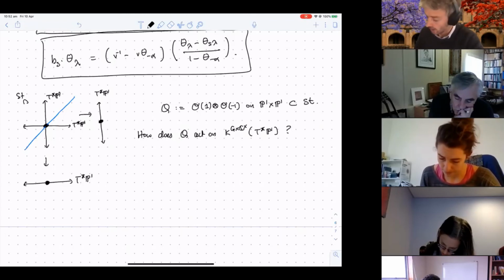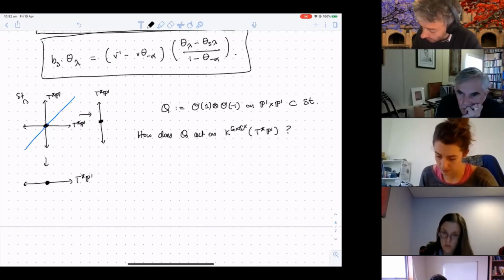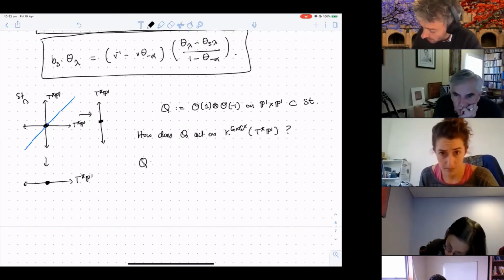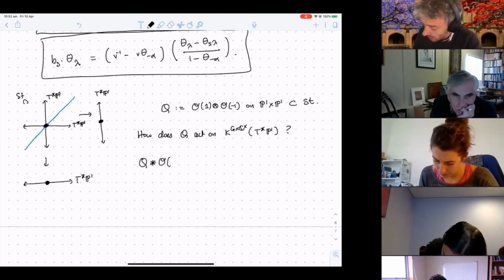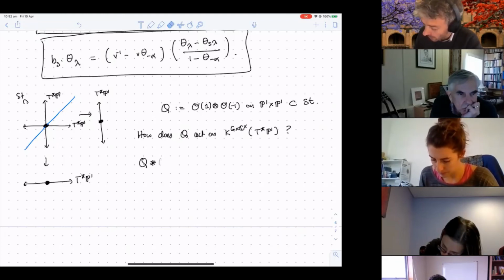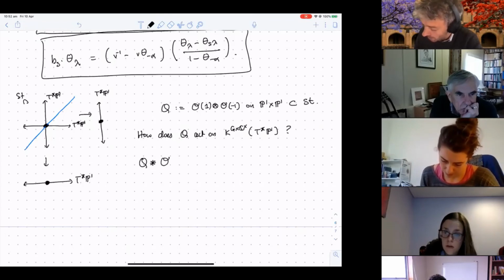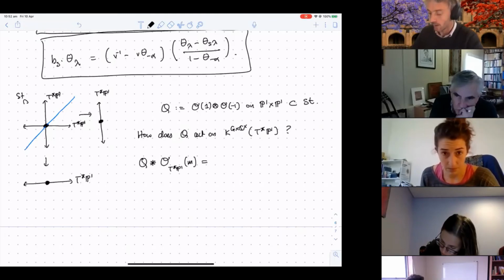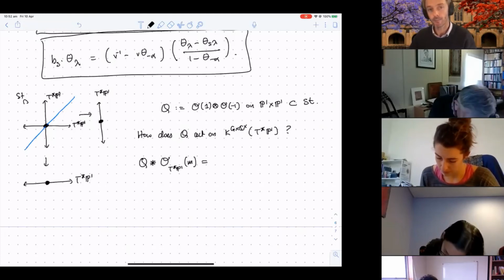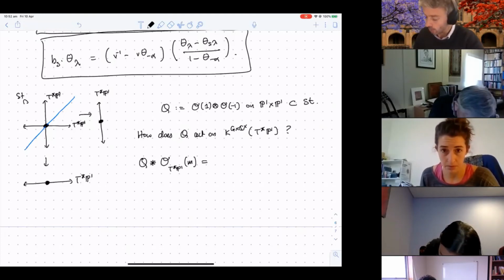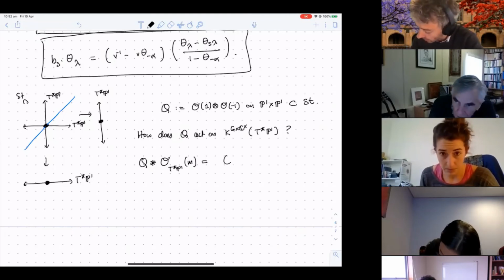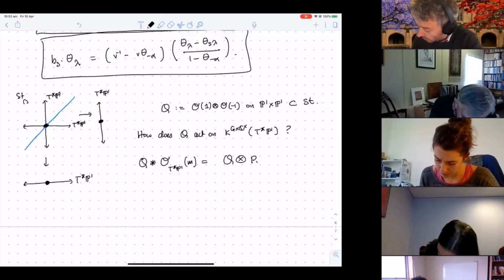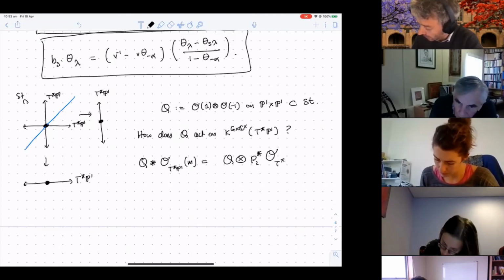So let's apply the definition. So we take Q. O of T star of M is just the pullback of O of M from P1. And so what we do is we tensor Q with the P2 pullback of O of T star of P1.